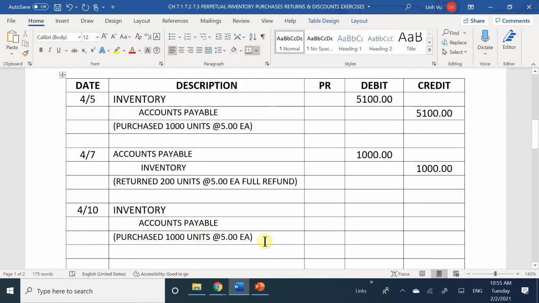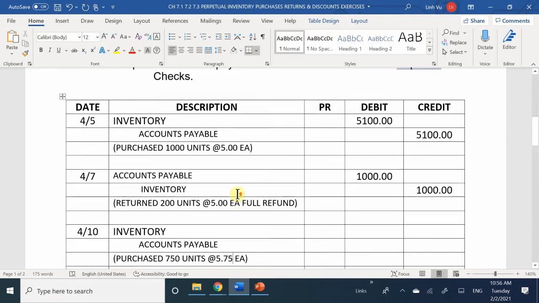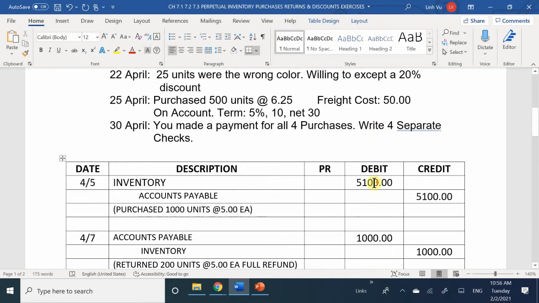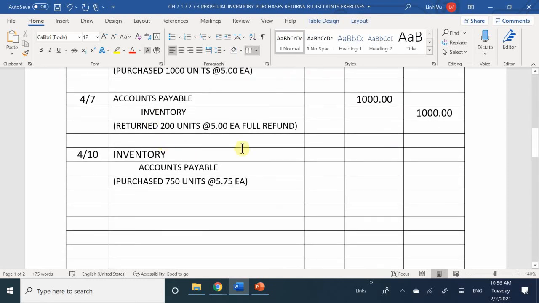Okay. And I purchased how many items? I think I did 750 at $5.75 each. Okay. So how much total is going to be for my inventory? 4,387.50.